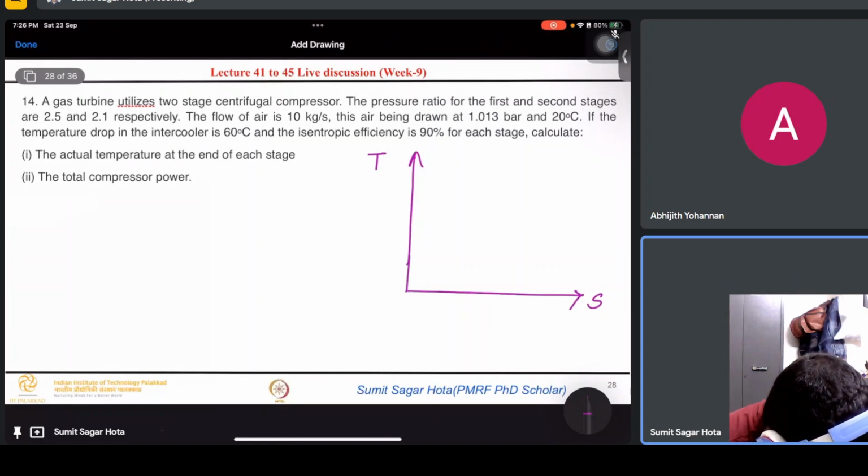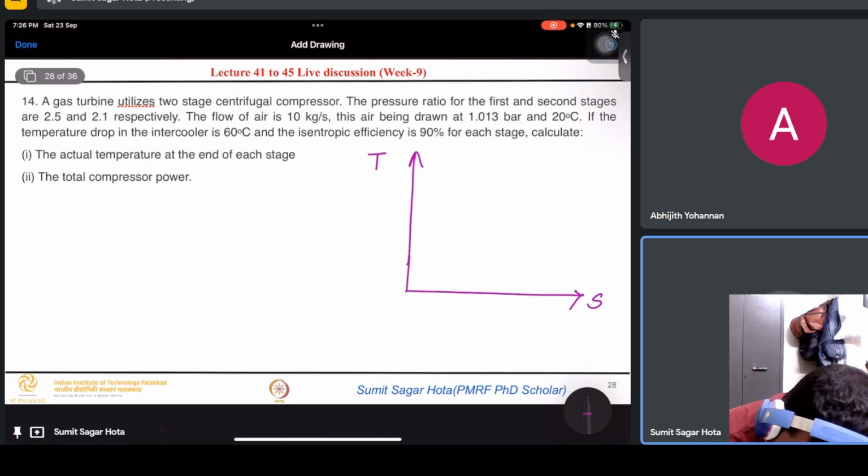In the question, one thing mentioned is that there is an intercooled two-stage centrifugal compressor. Mostly everybody knows what a single stage centrifugal compressor is, that is the normal one. Here staging is there, in terms of the first stage having some pressure ratio and the second stage having some pressure ratio. That means different pressures are involved.